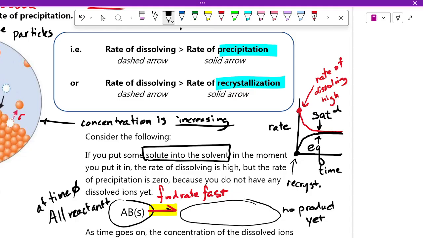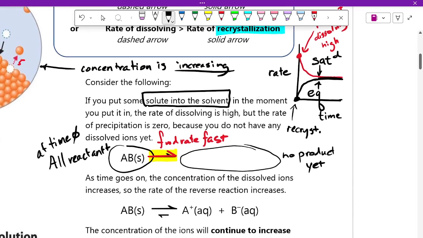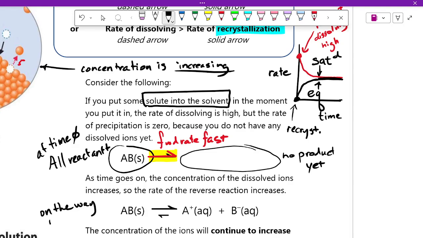So do all solutions eventually achieve saturation? Yes, as long as you have enough solid there to reach equilibrium. As time goes on, this would be on the way to equilibrium, right?